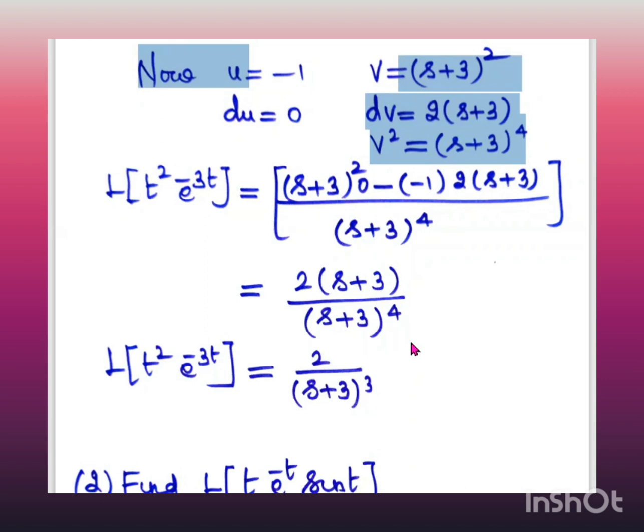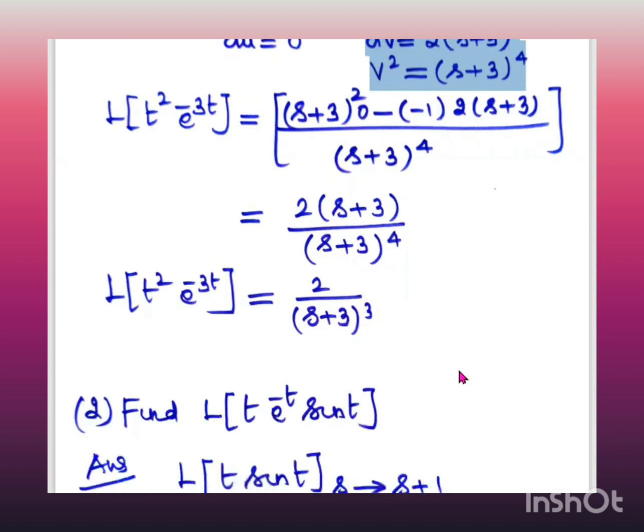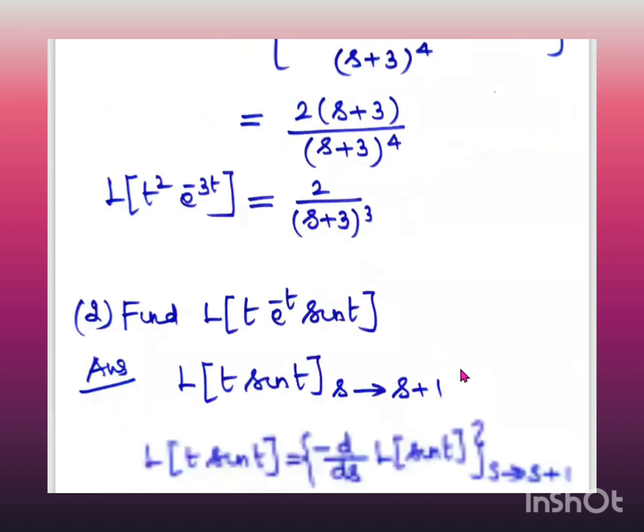Numerator is s plus 3, denominator is s plus 3 power 4. You can cancel it. So the denominator will become 2 divided by s plus 3 whole cube. So L of t square e power minus 3t is equal to 2 divided by s plus 3 whole cube. This is the answer.